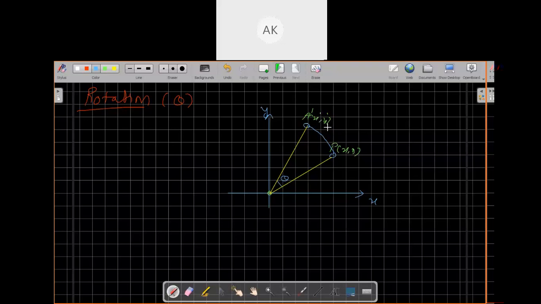So it's switching to the left. So our new position of point P dash equals x dash, y dash. We have rotated our object by angle theta. This is our angle theta.